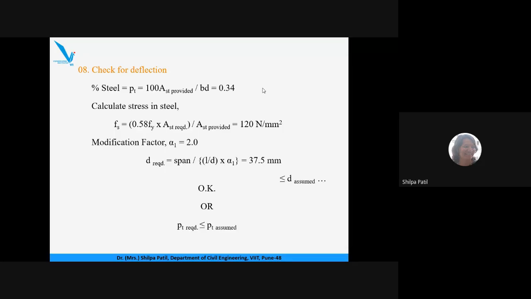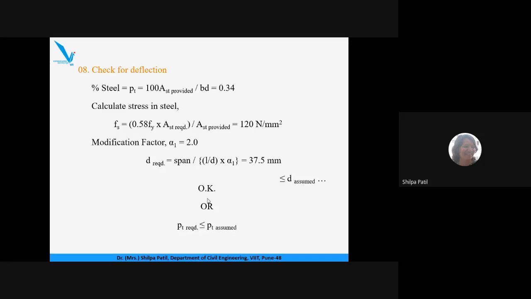That is, find out the MUR max again. But if you consider the MUR max calculation step, the MUR max value is much higher than the actual moment acting on the slab. So anyway, your design will come out safe at that step itself. So don't worry when you do the calculation for the design of a one-way slab for your term work also; you have to take care of all these checks.